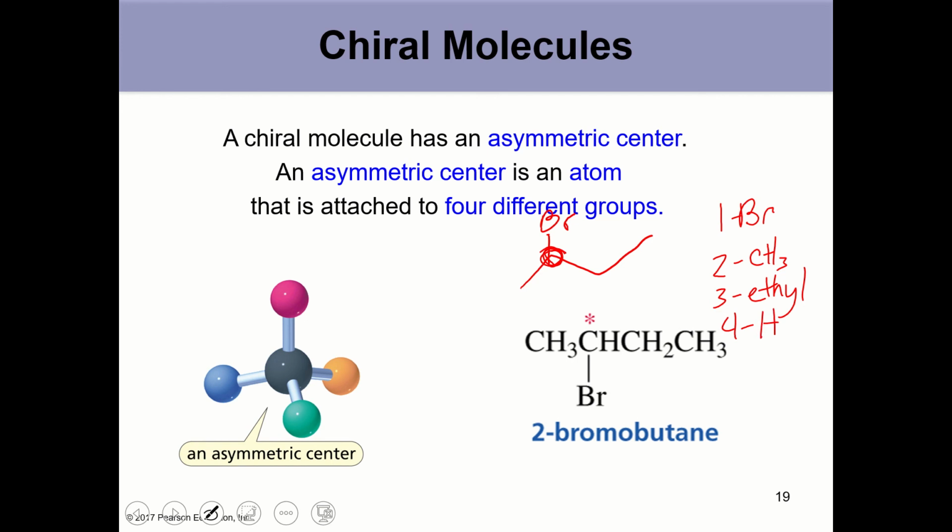I didn't write the same group twice, therefore it is an asymmetric center. If you were to build the molecule 2-bromobutane and then build its mirror image, the 2 molecules would not be superimposable. They would be unique.